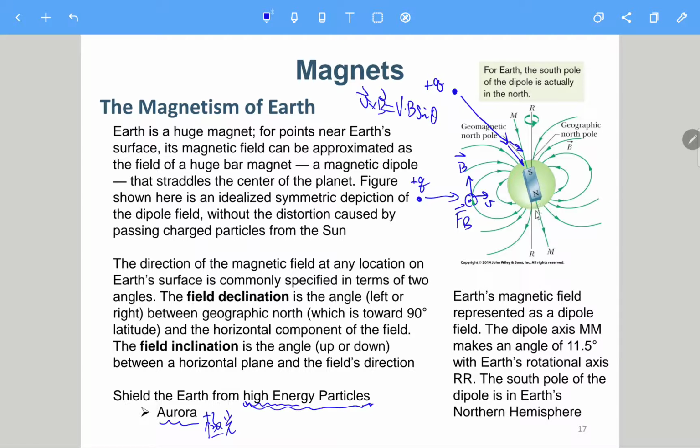But the weak spot for the magnetic field shielding is near the magnetic North Pole and South Pole. Sometimes when you see the aurora, it's very nice, but if you see too much, you are increasing the probability of being hit by these high energy particles, which is not good for health.